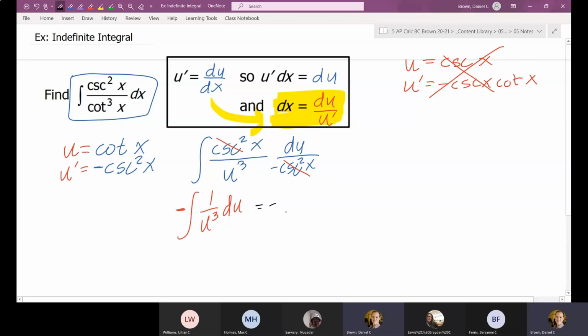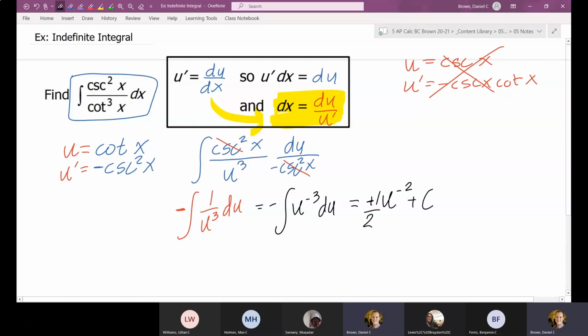So I have the negative. This is the same thing as saying u to the negative third, and then I can go ahead and integrate it from there using the power rule. So that negative 1 is going to carry across, add 1 to the exponent, divide by the new exponent, gives me a 1/2 in front. Don't forget your plus c.